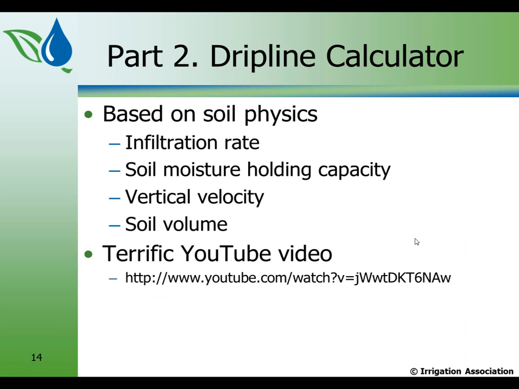And by the way, there is a terrific YouTube video, and if you've got that snap camera thing on your viewer, snap it now so you can get this URL for this YouTube video. This YouTube video shows water movement vertically in soils, and it was done about 60 years ago.